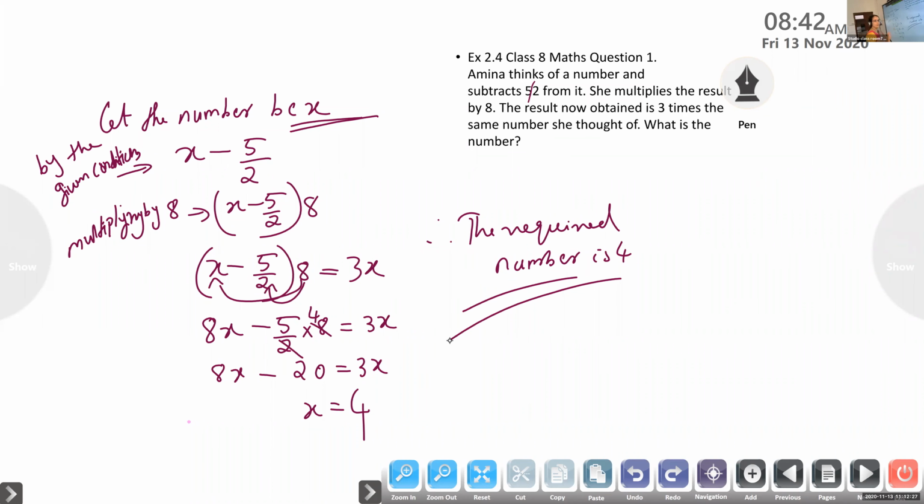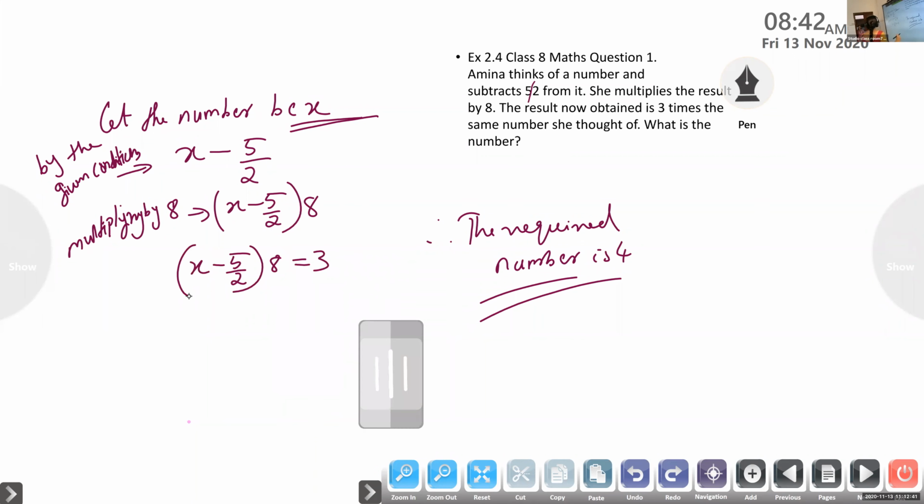Now the simplification. Multiply x into 8, 8x minus 5 by 2 into 8 equal to 3x, 3 times the number.